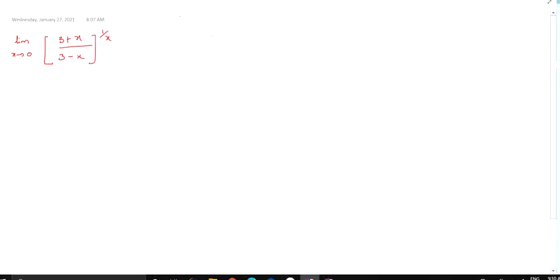Before solving this example, I want to solve for you a very simple example having the same pattern. That is, if we have here 1 plus x, then its power should be, that is equal to what? e.